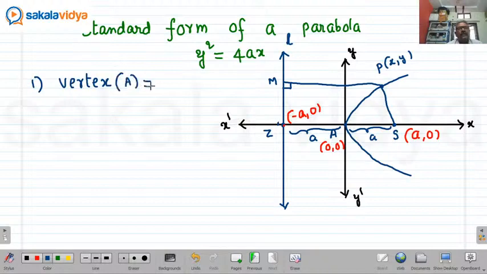What are the coordinates of the vertex? The vertex is (0, 0).